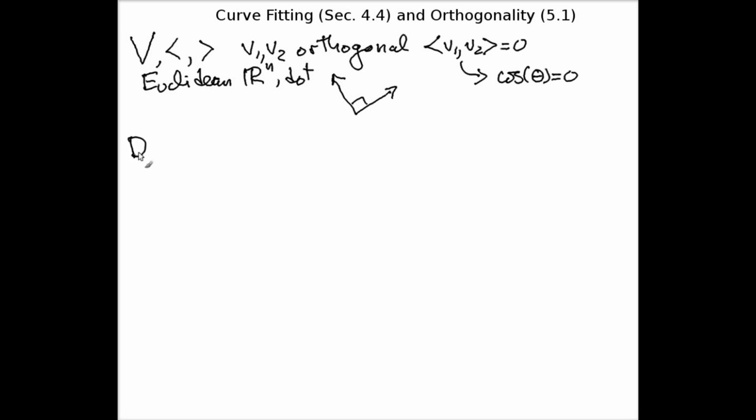Now in this setting there's an important concept, which is the following. Suppose we have a basis v1 through vn of a vector space.